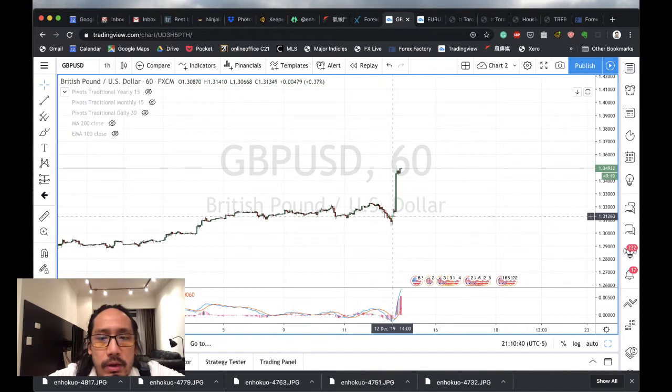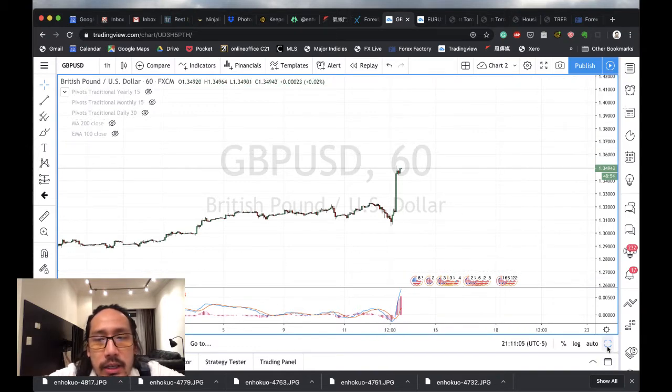I think it came out about 4 o'clock, so it's about here. What I want to show you is that in the last hour or two, we have almost 500 pips. That's a lot of movement for a currency. So that just shows you a simple event can have drastic results.